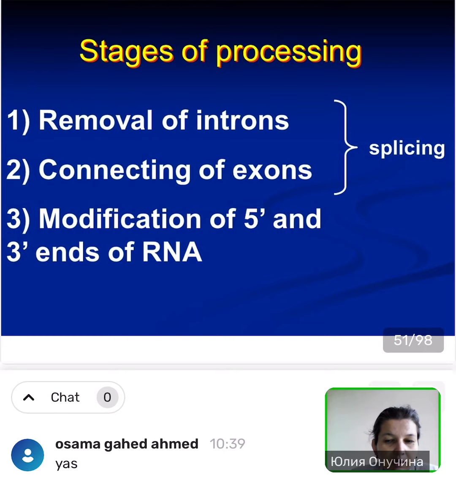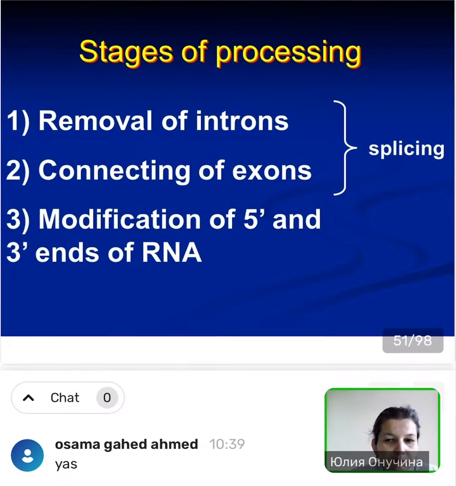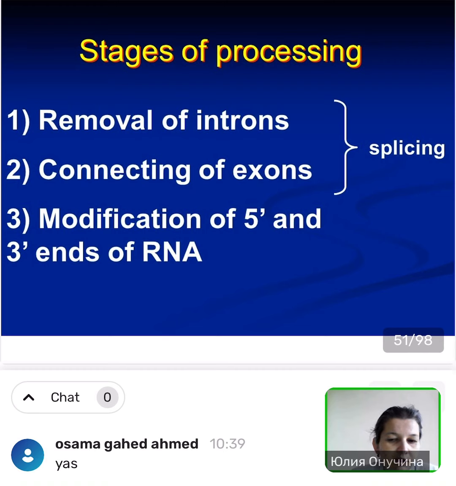There are two main stages: splicing and modification of 5' and 3' ends. Splicing includes two stages: removal of introns and connecting of exons. Remember this, please.